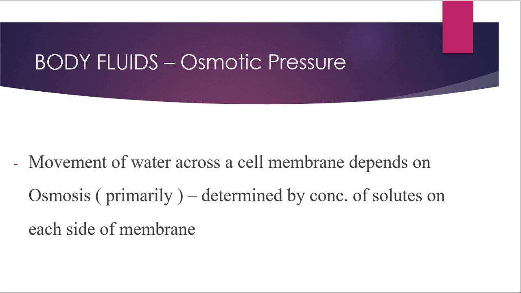Now, osmotic pressure, the movement of water. As we have discussed, water is freely diffusible across a cell membrane, and the movement of water depends on osmosis. This is the most important part. And this osmosis is determined by the concentration of solutes on each side of the membrane, the concentration of solutes inside the cell and outside the cell.